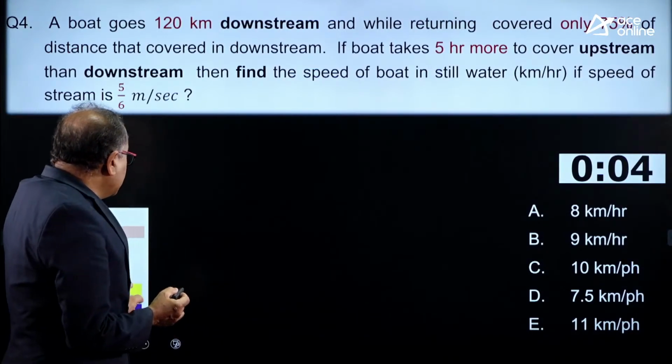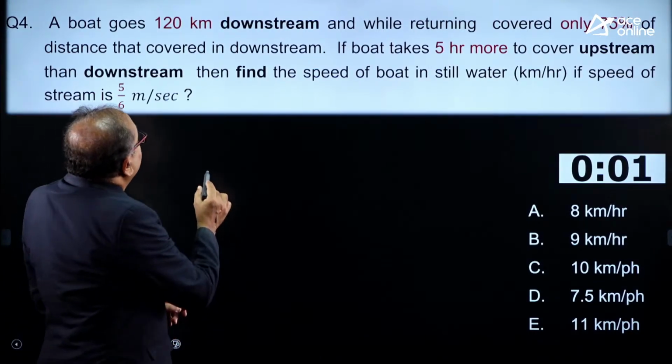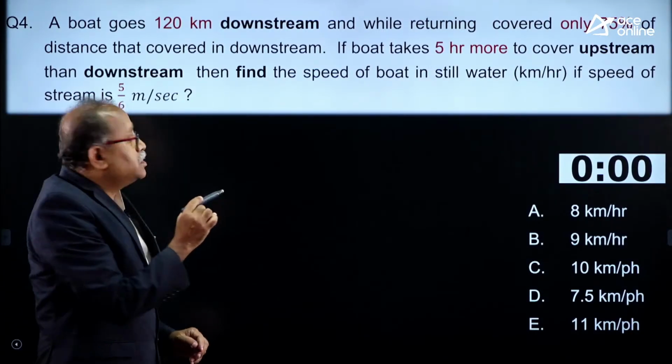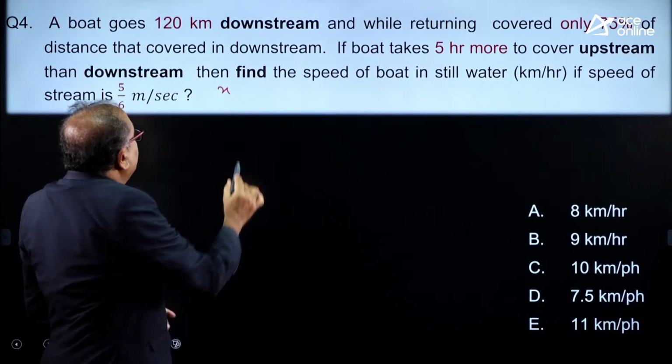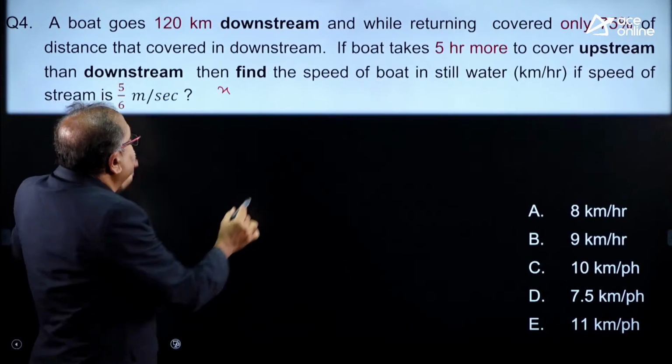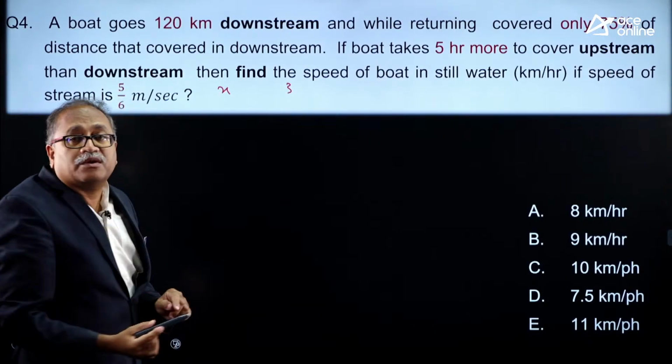So, these are the questions. If you are able to do it here clearly, I do not know what is the speed of x, speed of boat. Let the speed of boat be x, and the speed of stream we have already calculated, 3 kilometer per hour.